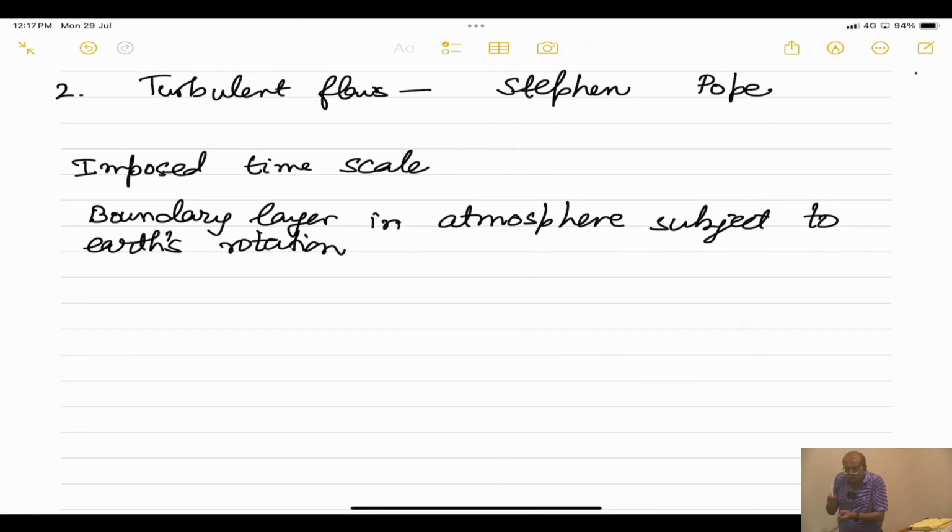When we study flows with weather, this becomes a problem where we have some people from atmospheric studies also. So, we are looking at the boundary layer in the atmosphere, and the motion which is taking place is essentially the motion due to the rotation of the earth. There is air flowing on the earth, and because the earth is rotating, the air starts to move, and then we are trying to find the scales with respect to this.